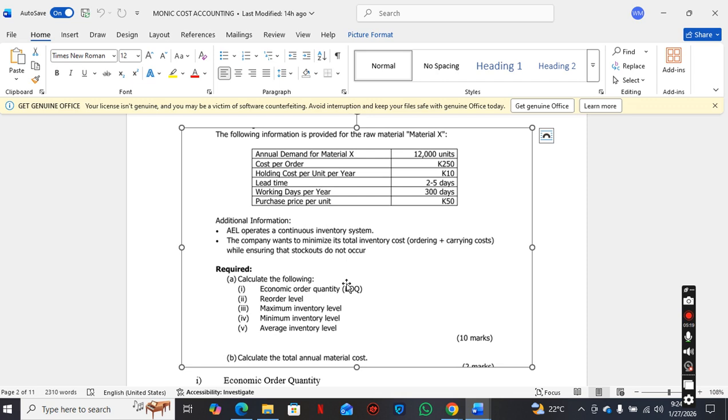Another point of the economic order quantity is to reduce the cost of storage. Yes. You are trying to reduce the carrying costs and the ordering costs, or you're trying to minimize both. Because remember, these two costs act in different ways. The bigger the quantity that you order, your ordering costs go down.